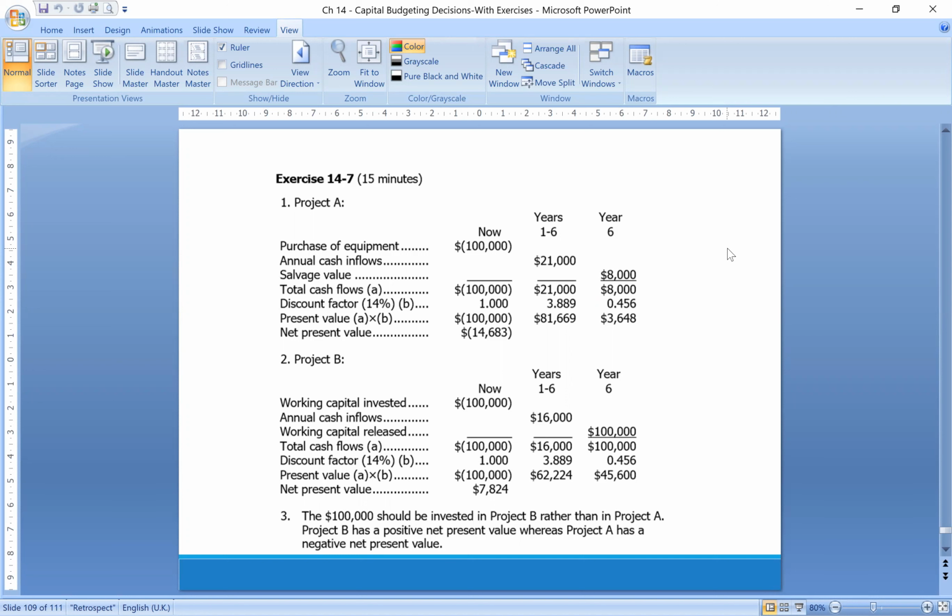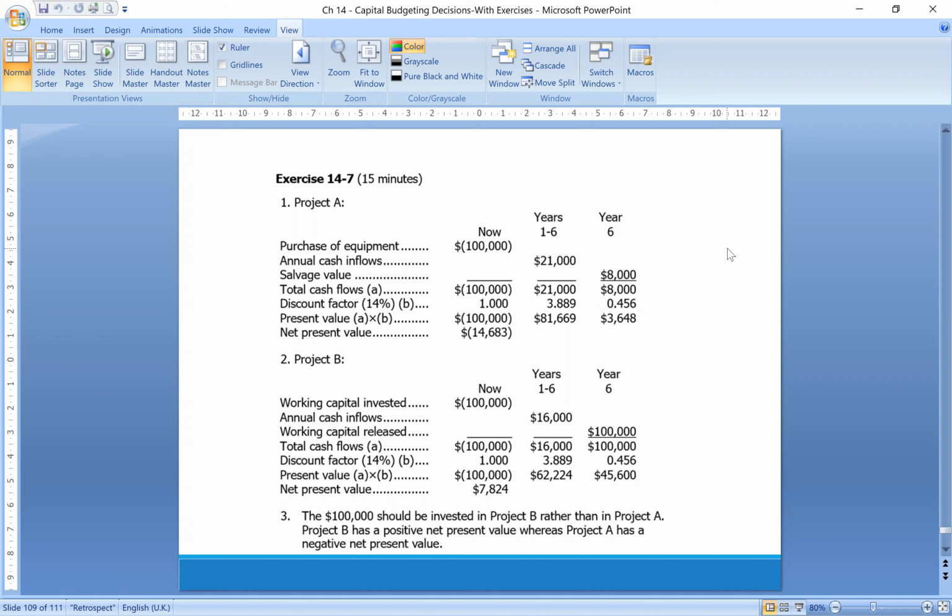So the net present value for project B will be 7,824 positive. So do you choose the first or the second project? Second project, because definitely it is a positive net present value.